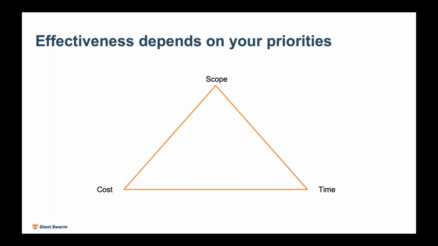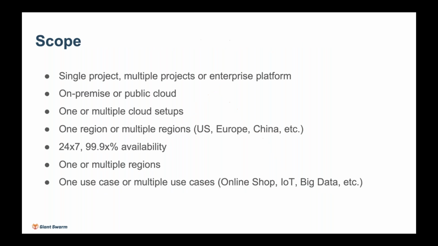You've got the scope, which can include 24/7 operations, 99.9% availability, and so on and so forth. You've got the time, so how fast you need to get into production, and naturally the cost aspect. Typically, cost is tightly coupled to scope, but we quickly dive into one or every one of these aspects.